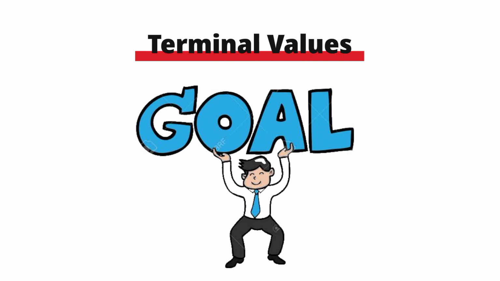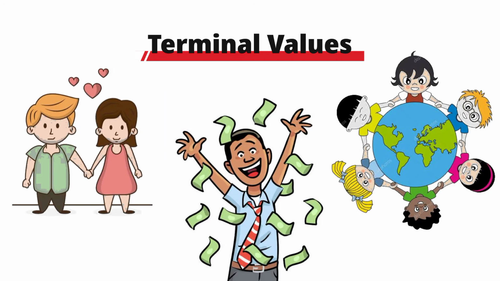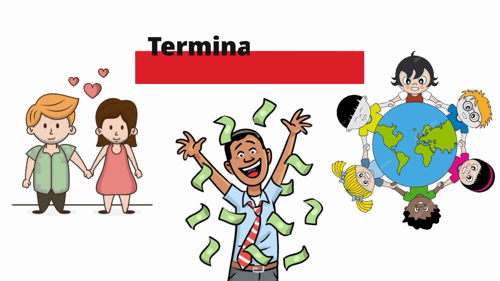The 18 individual value items of terminal values are a comfortable life, an exciting life, a sense of accomplishment, a world at peace, a world of beauty, equality, family security, freedom, happiness, inner harmony, mature love, national security, pleasure, salvation, self-respect, social recognition, true friendship, and wisdom.